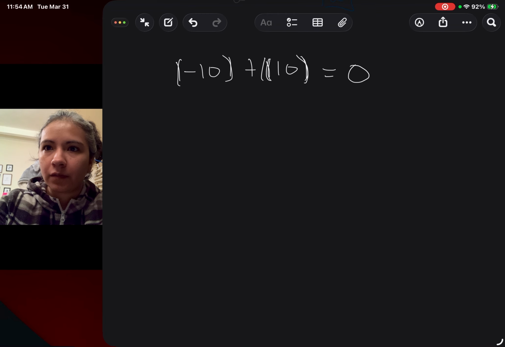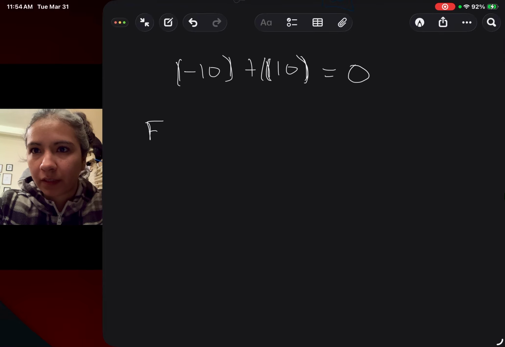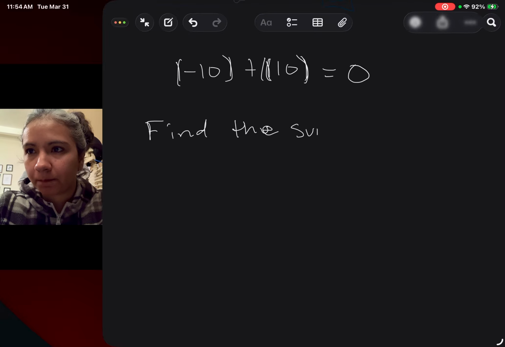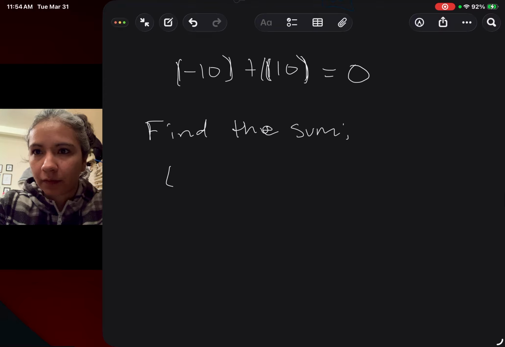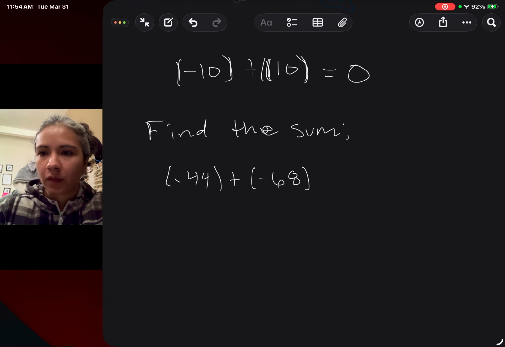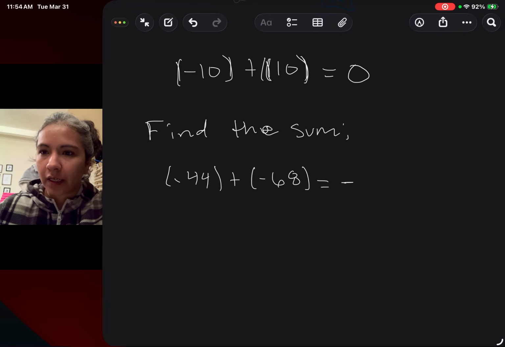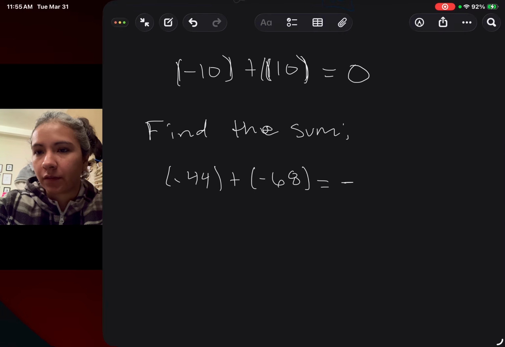So let's do a few more examples. Find the sum. Let's do negative 44 plus negative 68. So the signs are the same, so we're going to keep that sign. And now we add the absolute values because the signs are the same.